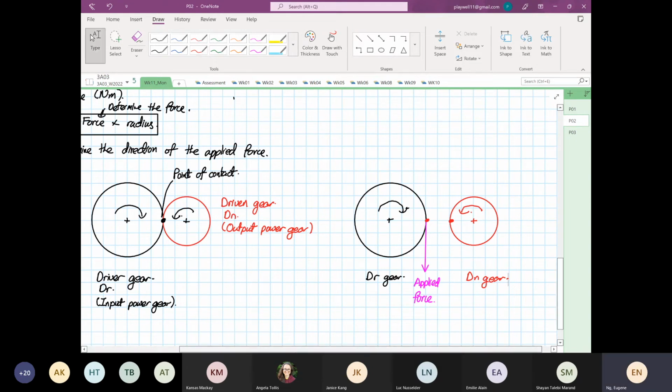The right answer is that this is the resistance force. You understand?